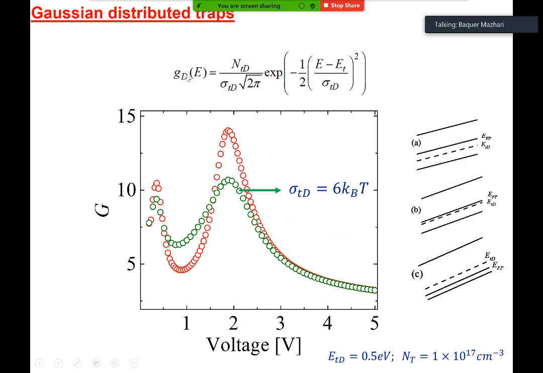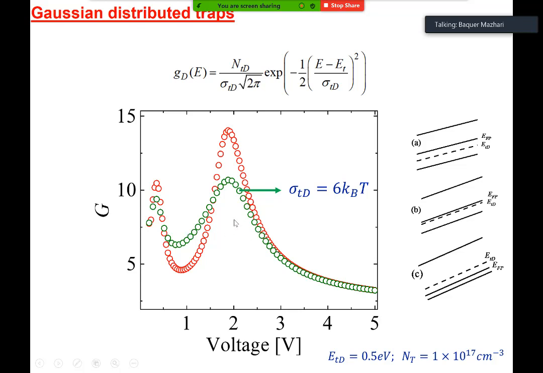Similarly, if you have a Gaussian distribution of traps rather than a single discrete trap, the characteristics are more stretched out. The red one shows a single discrete trap, while the green one shows a Gaussian distribution of traps, so you get a stretching.